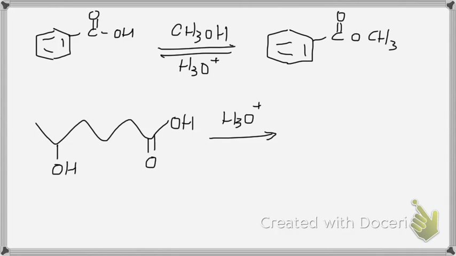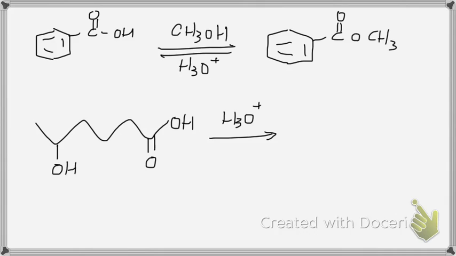So under acidic condition, this molecule will have an intramolecular esterification, which means the OH in the same molecule on carbon 5 here will attack the carbonyl carbon of the acid on carbon 1. So it's going to form a ring.